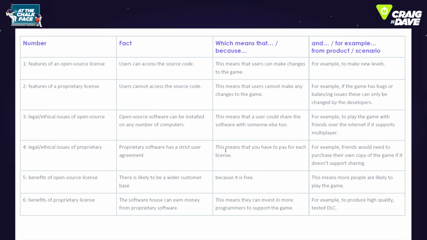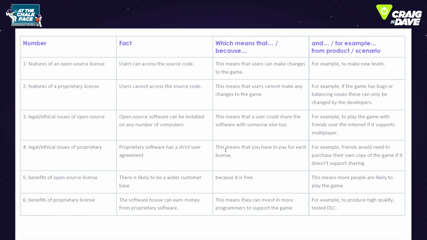So you can see how we've now got features of an open source license is users can access the source code, which means that they can make changes to the game, for example, to make a new level. Now we've got that chain line of reasoning that the examiners are looking for that will put you in the high mark band. If you do that for every single point that you made, you cannot not be in the top mark band. So let's have a look at the next row.